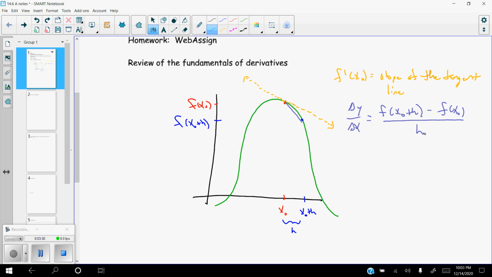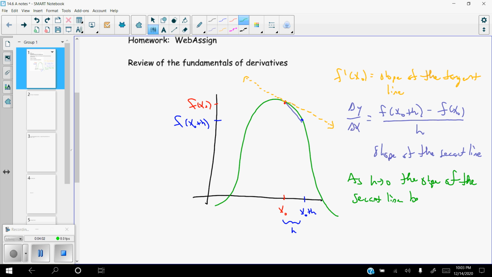And that really should look familiar. We've done things very similar to this. That is the slope of the secant line between those 2 points. And then the overall general concept was, as h approaches 0, the slope of the secant becomes or approaches the slope of the tangent.